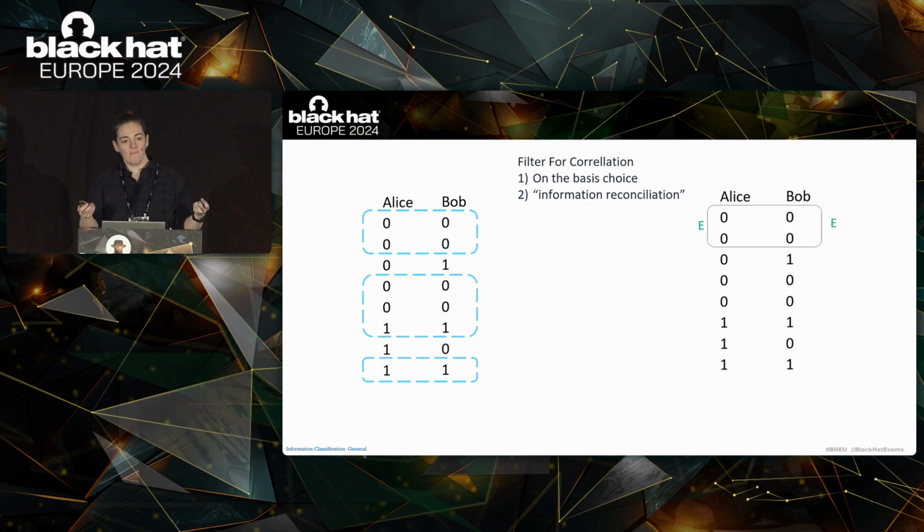And if they both have the same, then there is a more likely than not chance that they have the same data. And if they both have different ones, then they know that there must be some mistake in there, and they can get rid of them.